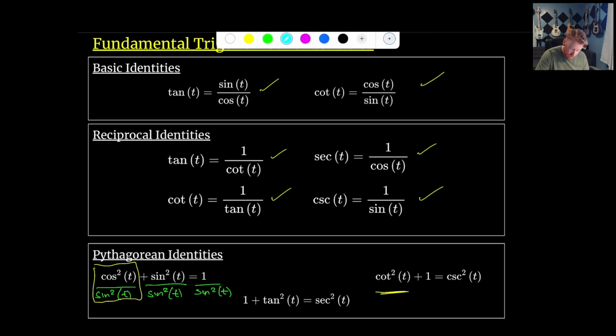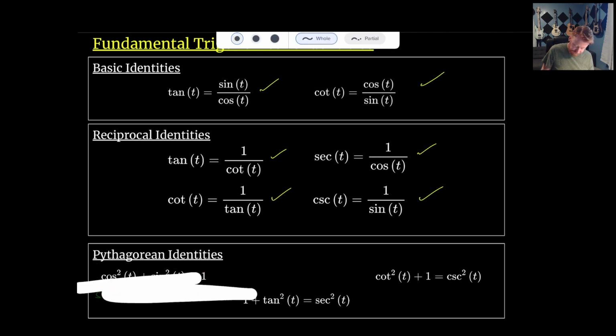Sine squared over sine squared should just give us 1. And that is 1. And then 1 over the sine squared is the cosecant squared, and there's the cosecant squared. So we are just getting these other two Pythagorean identities from the first one. We're just dividing both sides by the same function being squared, and we get these results here. So let's put these all together here.